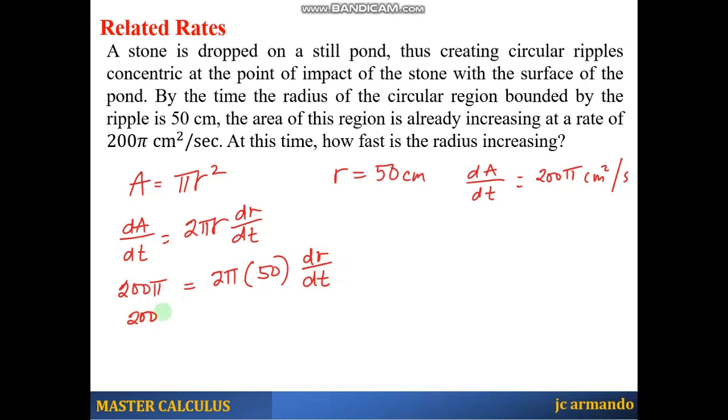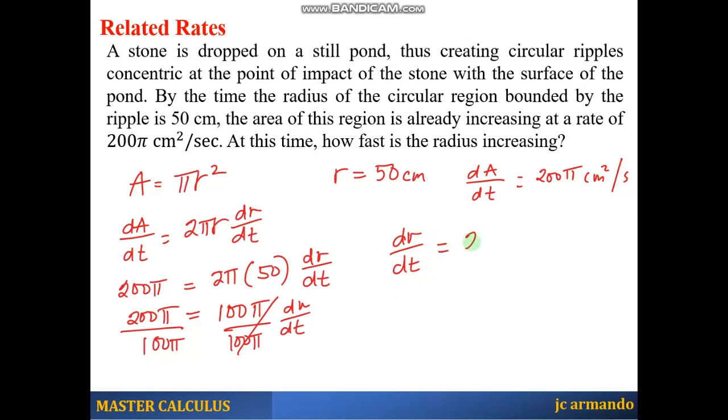So, we have 200 pi is equal to 2 pi times 50. 50 times 2 is 100 pi dr dt. So, dividing both sides by 100 pi, cancel. Therefore, dr dt is just equal to 2. The unit is centimeters per second. So the rate at which the radius is changing is just positive 2 centimeters per second. Positive, so therefore increasing.